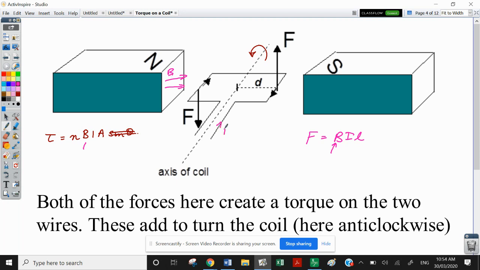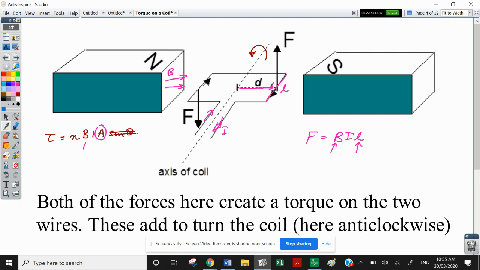I would be the current going in and out. Let's make the current go the right way for these things. And A, I'm about to show you what A is. A is actually the area of this coil. Over here, L is the length of the wire, so that is L there, and this here is D.